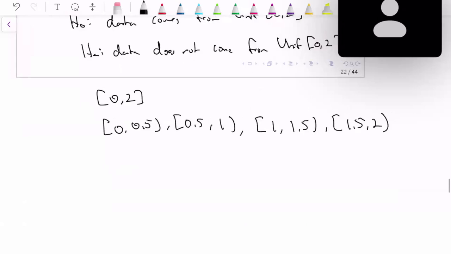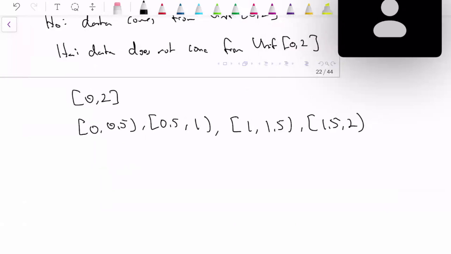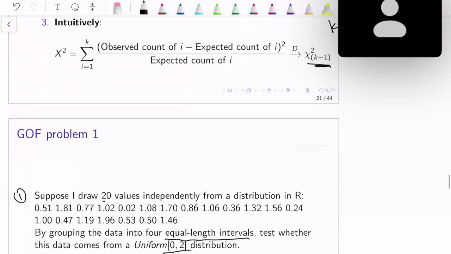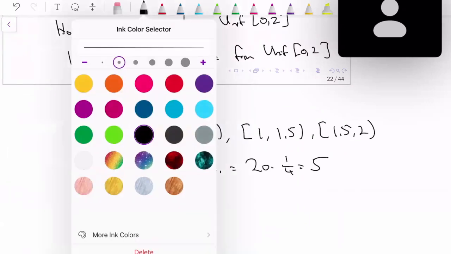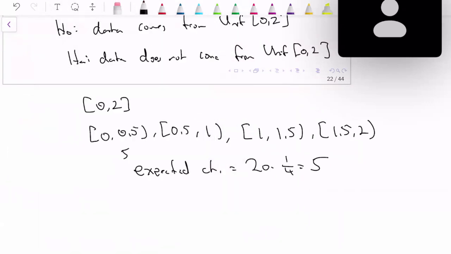Obviously, if we're dividing this into four groups and we have 20 values, our expected count for each group is just 5. So we expect 5 numbers falling into each of these intervals.